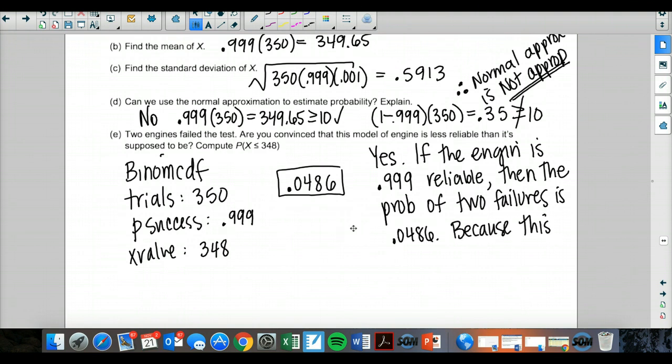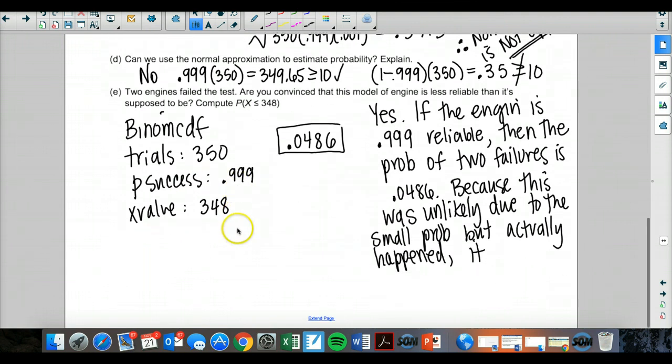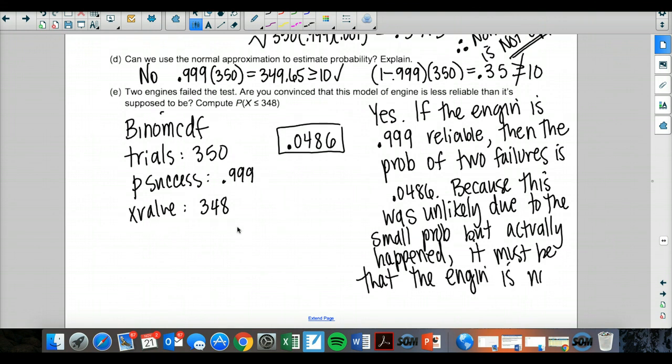Because this was unlikely due to the small probability, but actually happened, it must be that the engine is not as reliable as they say it is.